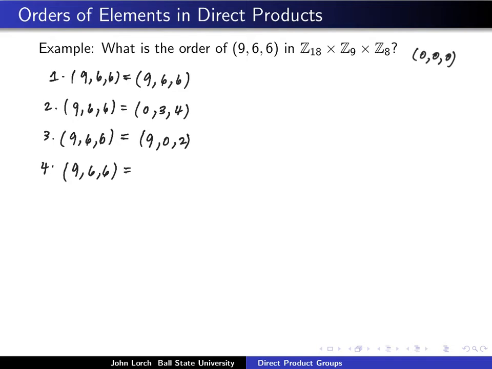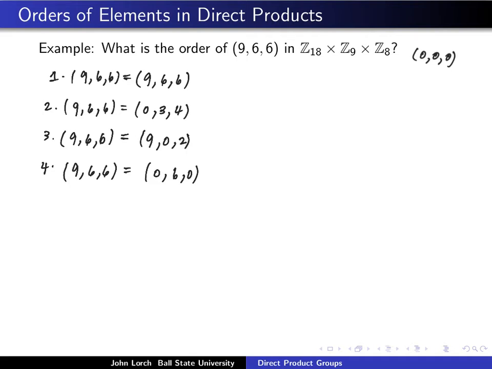Will it stop here? Well, 9 and 9 is 18, which is 0. 0 and 6 is 6, which is just 6 in Z9, so apparently it won't stop here. 6 and 2 is 8, which is indeed 0. So we got 2 zeros, but we didn't get 3, which is what we needed.